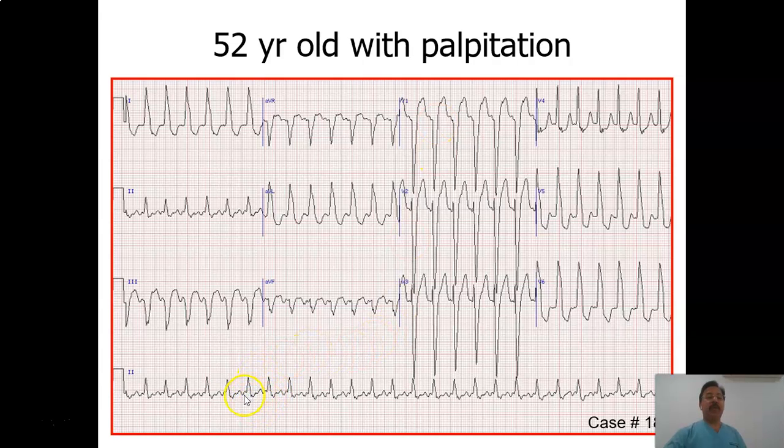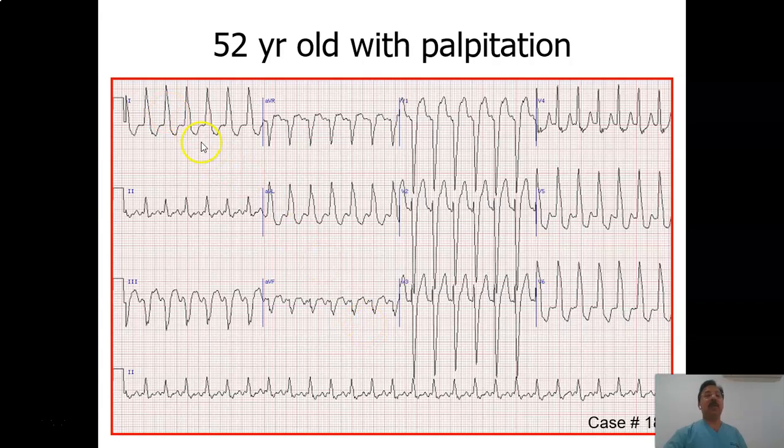If you can't appreciate this P wave, then there are no P waves, then this is a wide complex tachycardia. Okay. So let's hold this for some time as a wide complex tachycardia, with rate of 150 beats per minute.